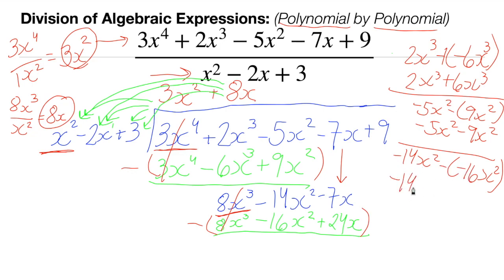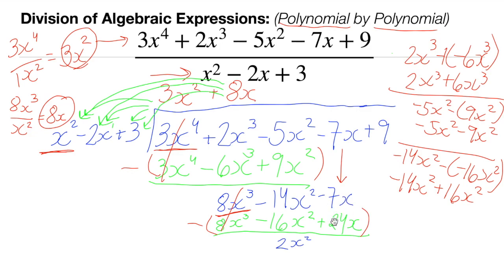So we have minus 14x squared plus 16x squared. They don't have the same sign, so we find the big number minus the small number, which is 2. The sign of the bigger number is positive, so this becomes positive 2x squared.